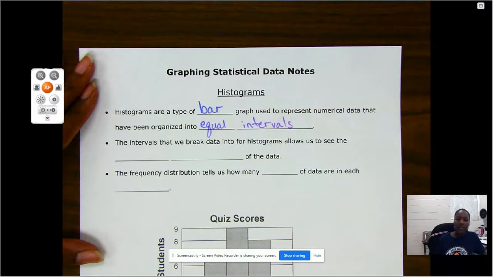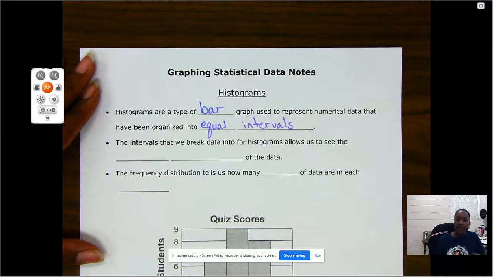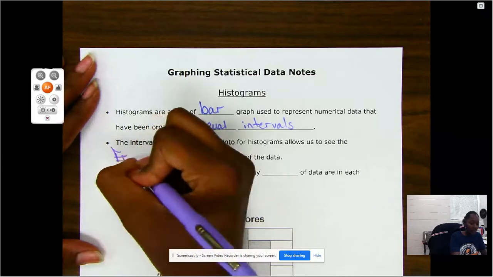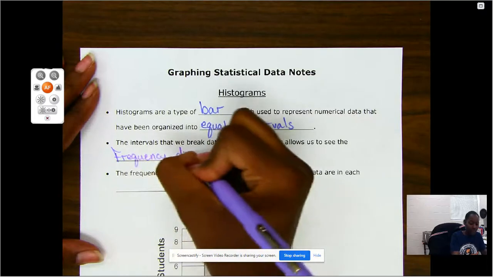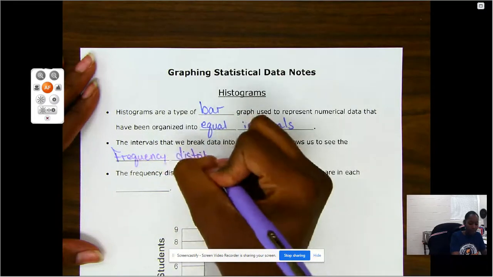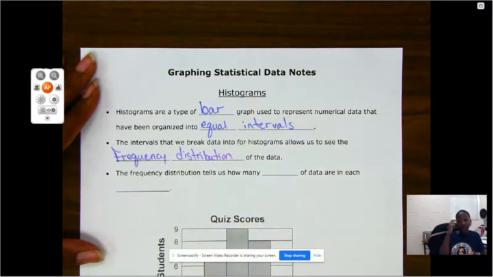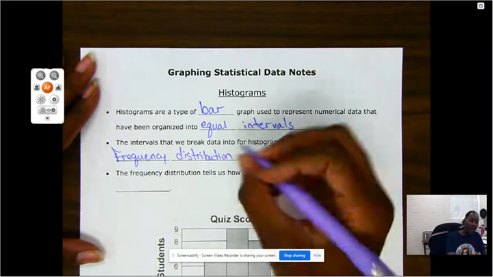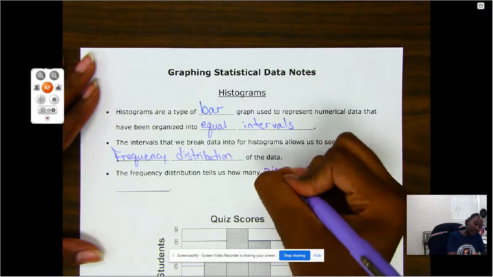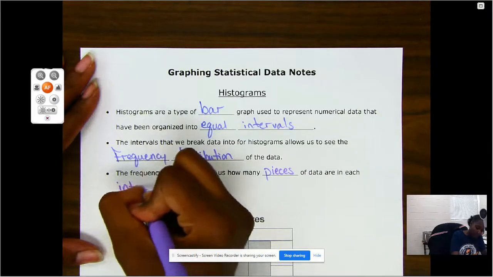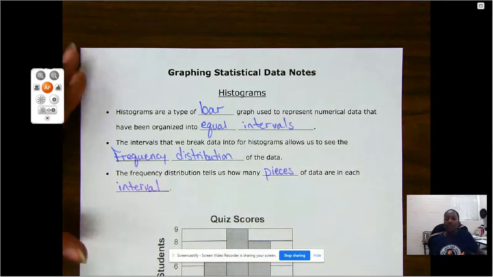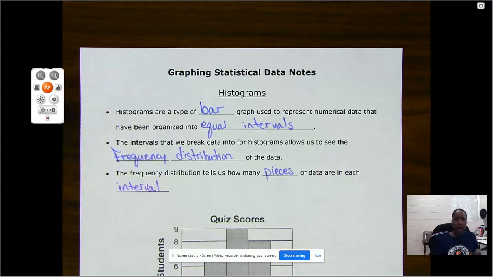The intervals that we break data into for histograms allow us to see the frequency distribution of the data. The frequency distribution tells us how many pieces of the data are in each interval. Okay, so there's our technical lingo.